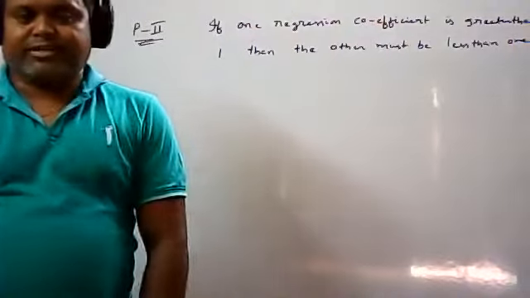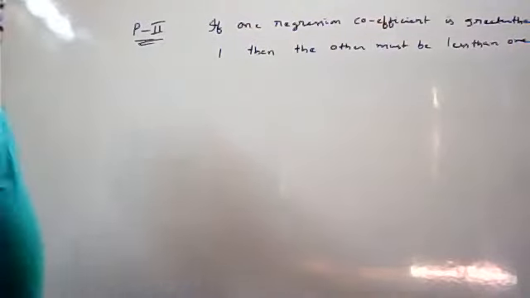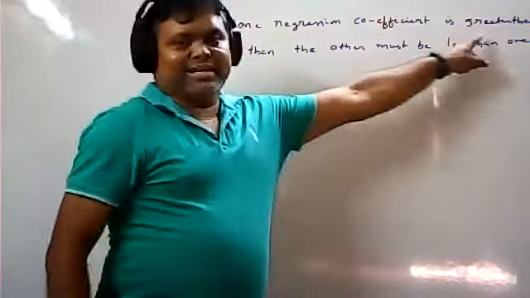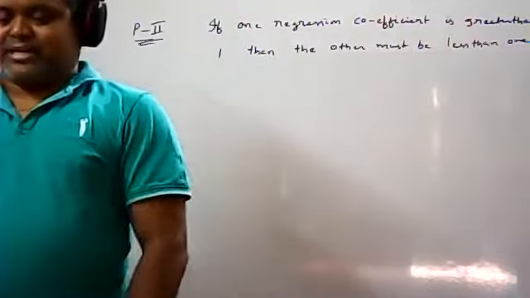So this is the second property. What is the second property? If one regression coefficient is greater than 1, the other must be less than 1.